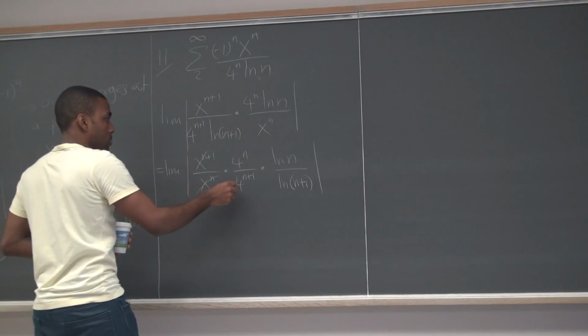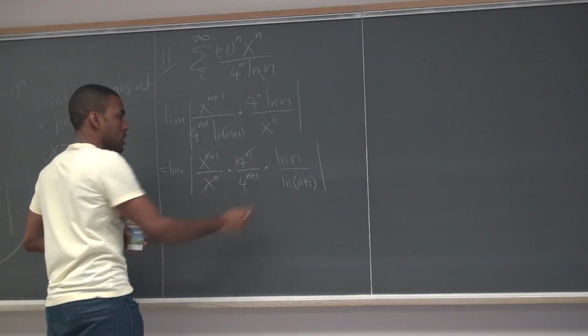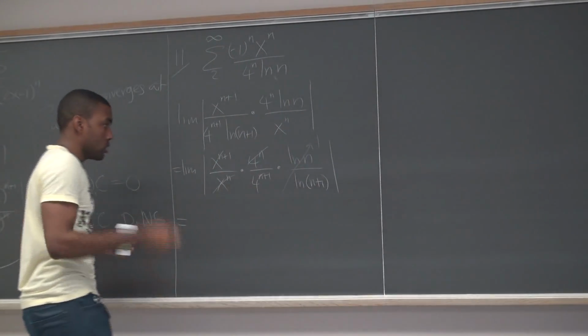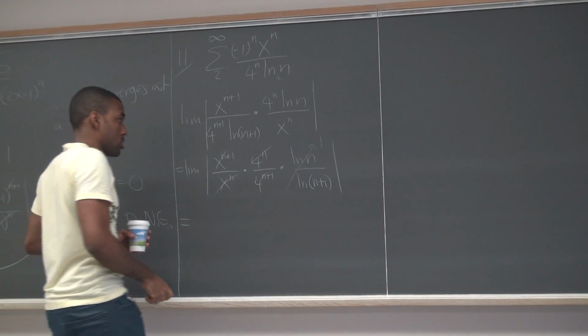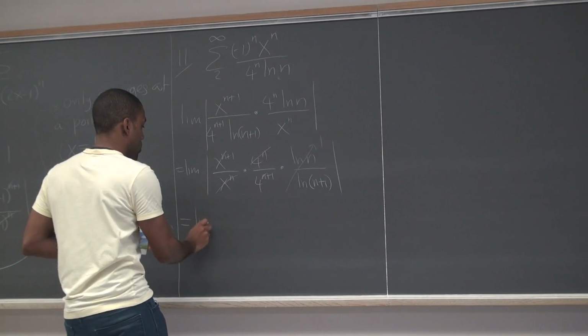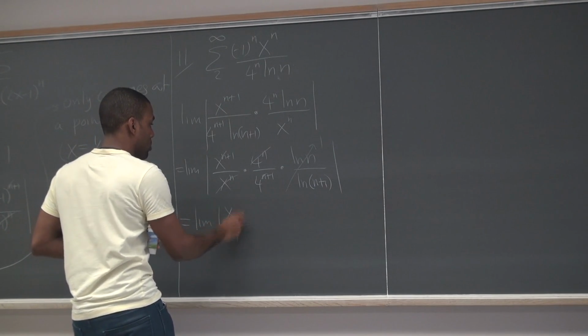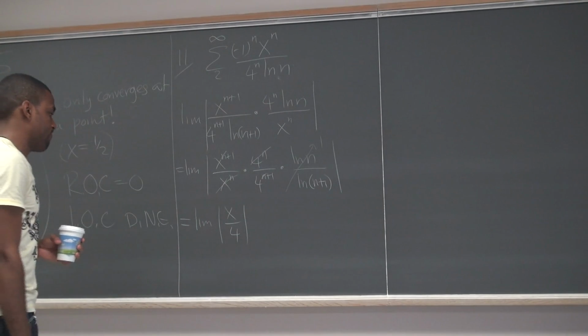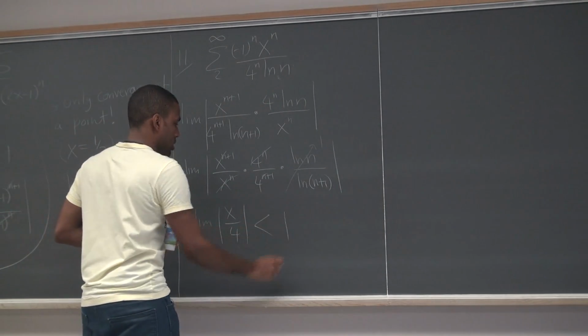This cancels that. This cancels that. This will go to 1 as n goes to infinity. And so basically I'm left with |x| over 4. Set this less than 1.